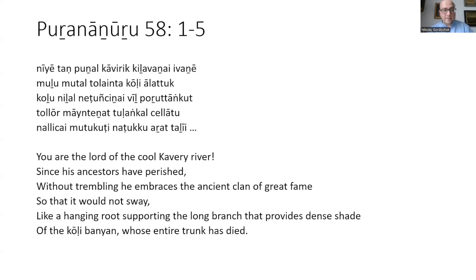He is compared to the hanging aerial root supporting the long branch that provides dense shade of the koli banyan, whose entire trunk has died.